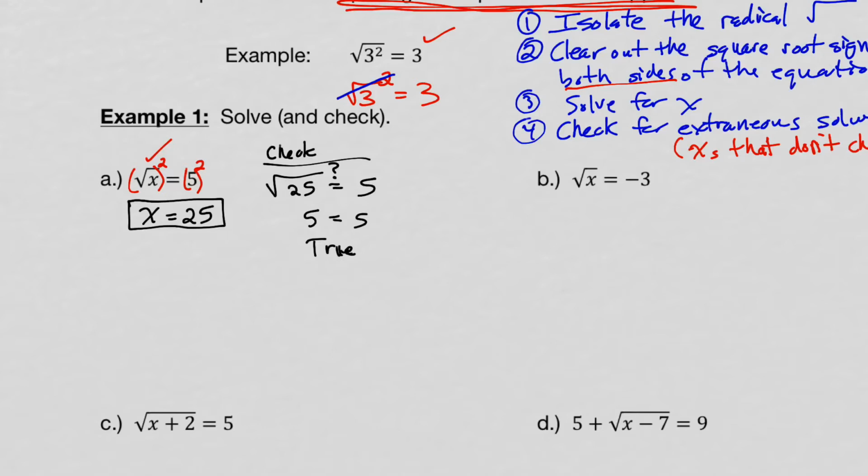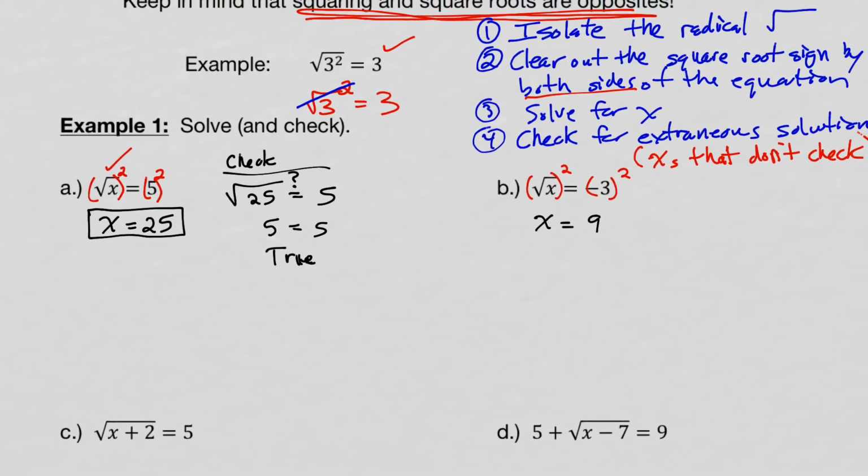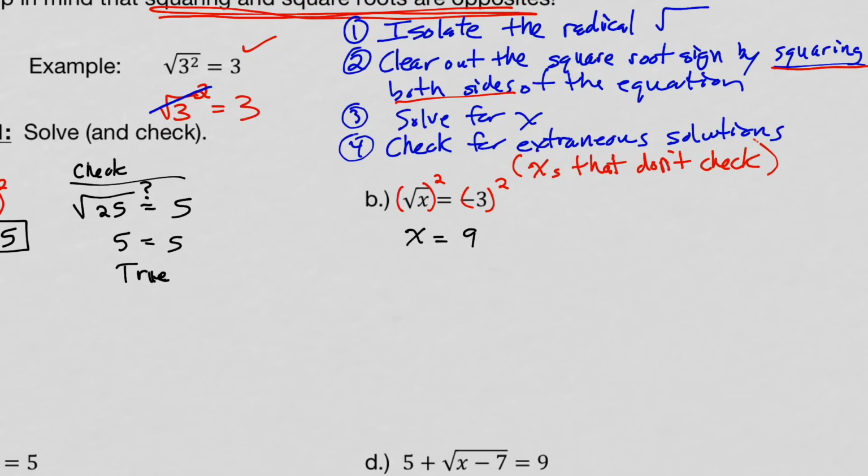All right, let's try this one over here. The radical is already isolated, so we're going to square both sides, and that's going to give us x equals 9. Again, don't box until we check it. So the square root of our solution, does it equal -3?